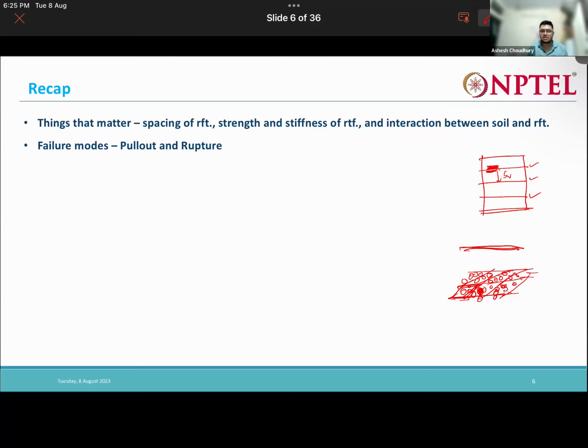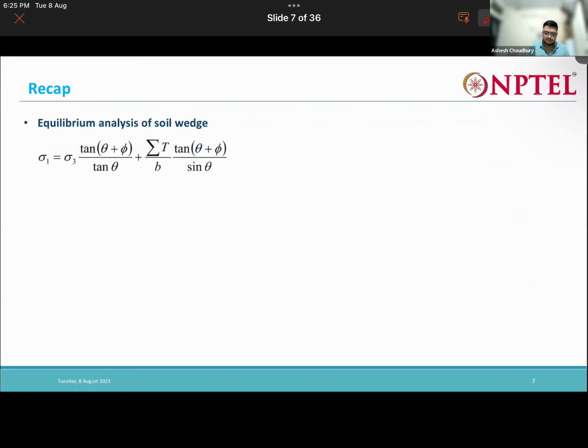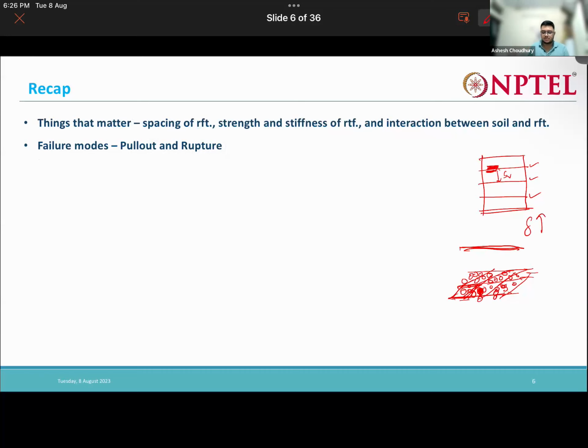So that frictional resistance, the friction angle delta between the reinforcement, that is the geogrid, and the geomaterial, whatever soil or gravel that we are reinforcing, will increase. It will be large. So in this way, these things actually influence the strength of the soil.